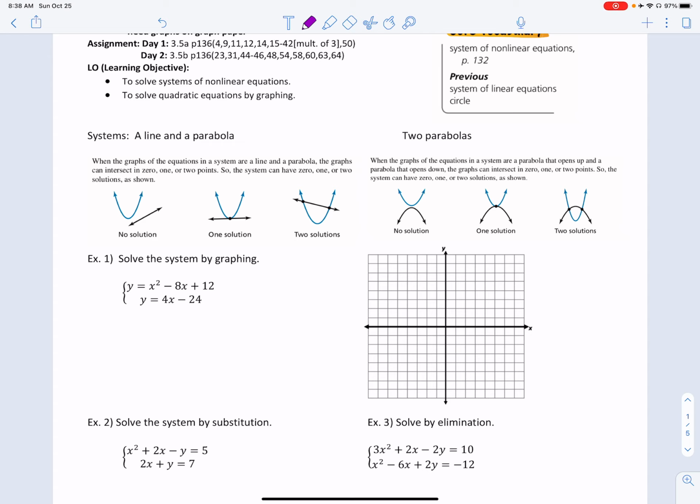to graph this. And so for that first equation, it actually factors. So using the x-intercept method of graphing would be a good way to do this. And it factors into x minus 2 and x minus 6. And so the axis of symmetry on that is going to be p plus q divided by 2, or x is equal to 4.